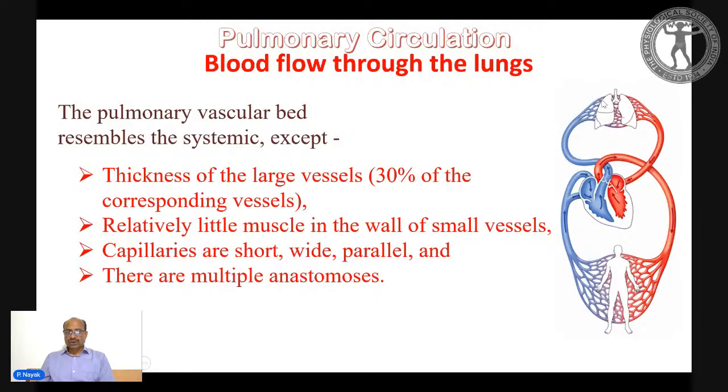Capillaries are short, wide, and very much parallel to each other, and there are multiple anastomoses. So these are the functional concepts. These concepts will help us to understand the pulmonary circulation better.